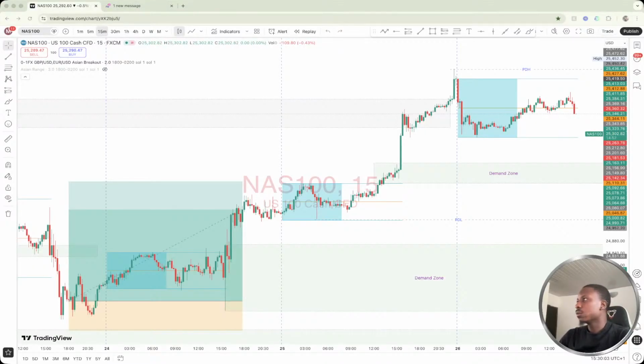Okay, so now we have the market open. Potentially NASDAQ is supposed to go take the Asian low. In order for us to see what NASDAQ might be doing, we're going to give it some time, obviously.